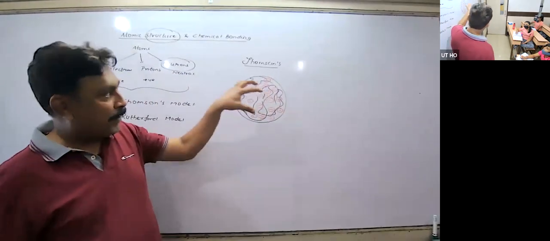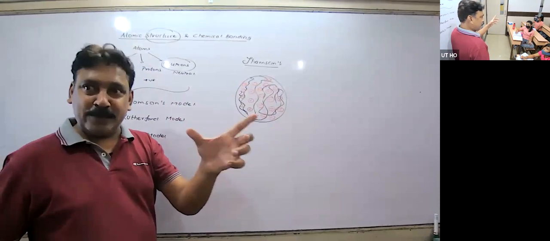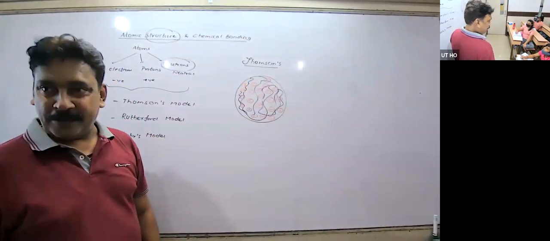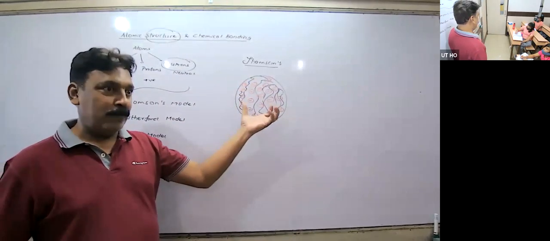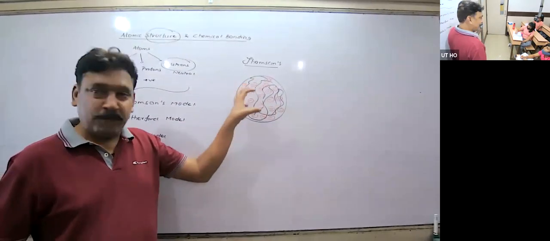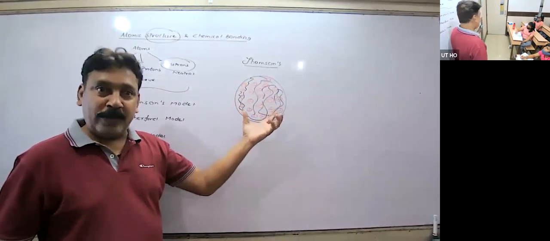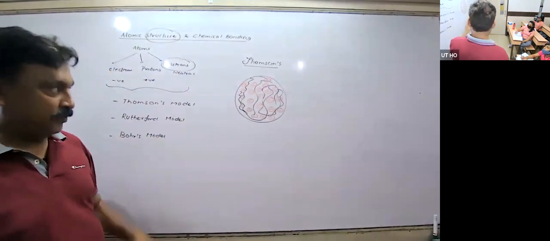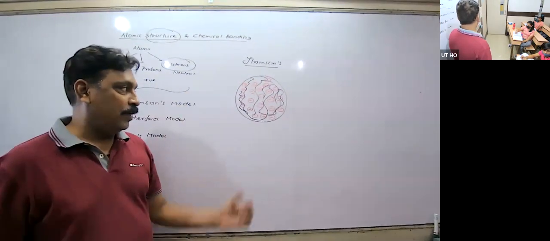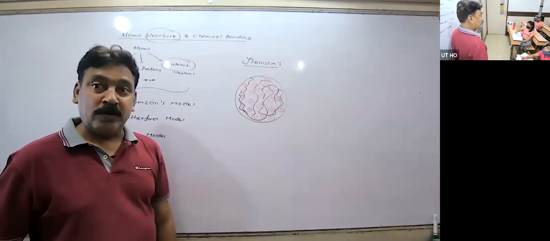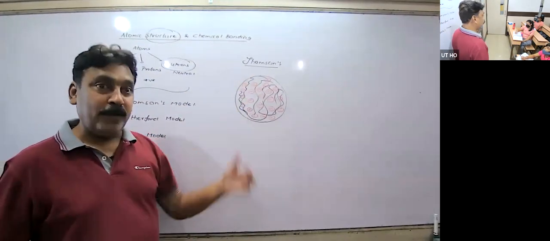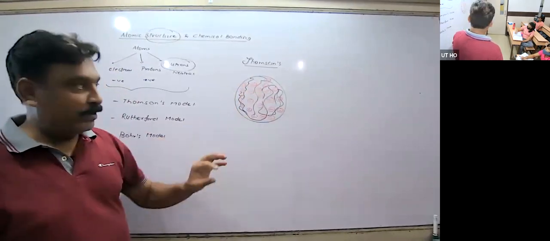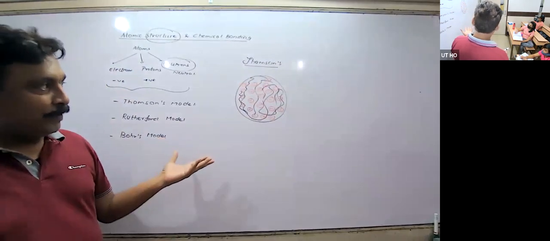Nothing can penetrate inside, because a watermelon is actually very firm, hard from outside and having a lot of fruity part inside. It's not hollow as John Dalton said in 1848. So John Dalton's theory was definitely going wrong here because he said the atom is completely hollow.